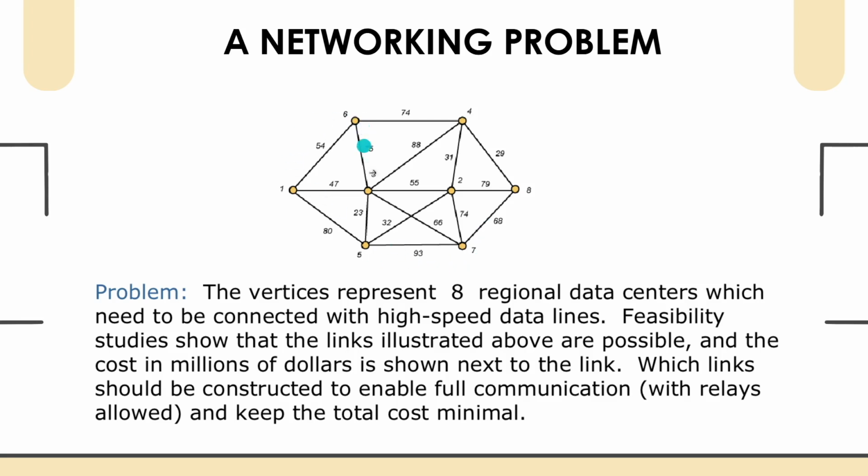Out of all the possibilities we have, we are supposed to choose the lines that have the least distance. For this we can think of using this spanning tree algorithm, so that we will be able to find a way to link all those regional data centers with the minimal total cost.